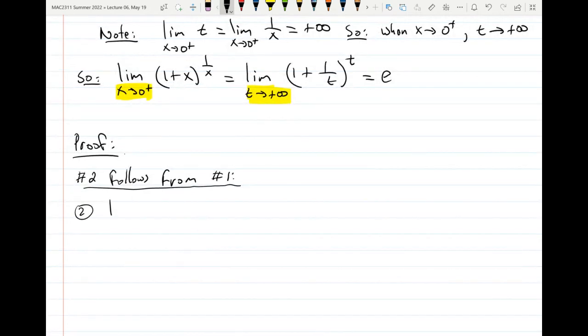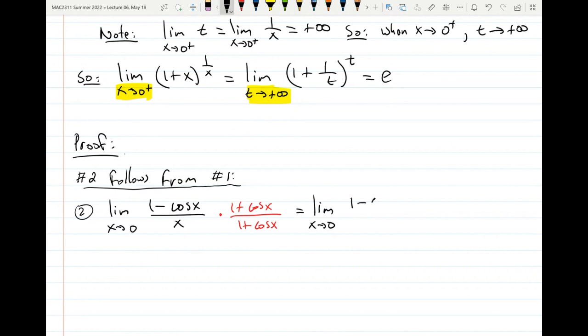So proof of number 2. We want to take the limit as x approaches 0 of 1 minus cosine x over x. Okay, so here's the trick. I'm going to multiply top and bottom by the conjugate of the top, and you will see immediately why I want to do that. Because when we do this, we're going to have the limit as x approaches 0. Now in the top, we have 1 minus cosine times 1 plus cosine.